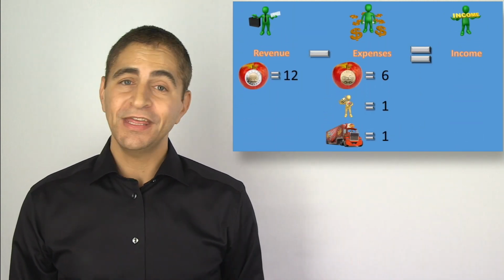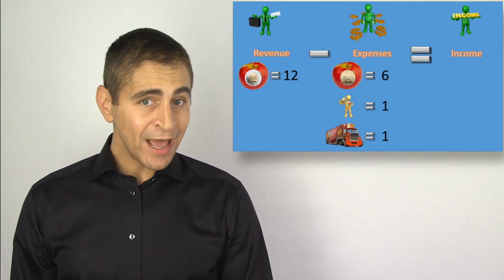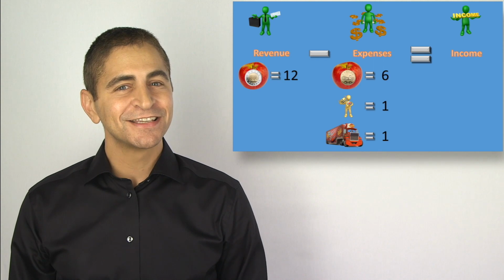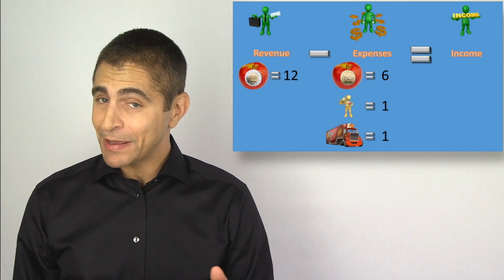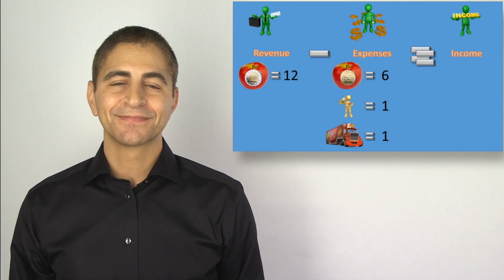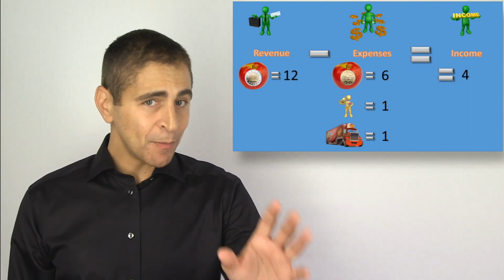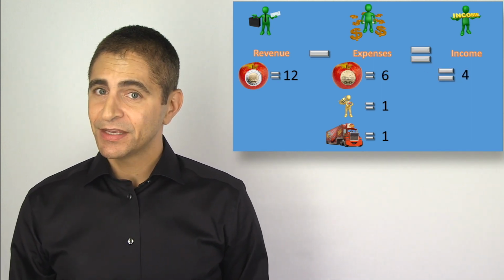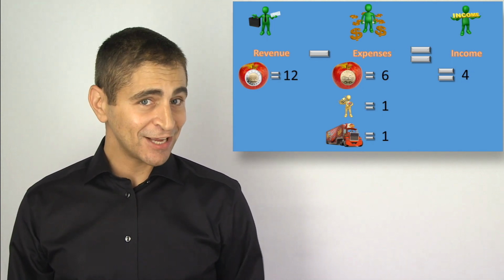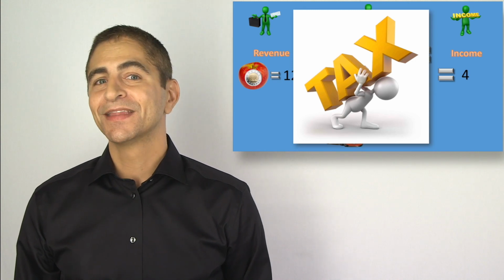And it's a beautiful thing because what we're going to do now is calculate taxes. And we're going to pay a little bit less tax. If we didn't depreciate this truck, we'd pay more tax, right? Okay. So what is our tax going to be? Well, our pre-tax net income is $4. 12 minus 6 minus 1 minus 1, $4. We're going to get taxed on that $4 now, okay?